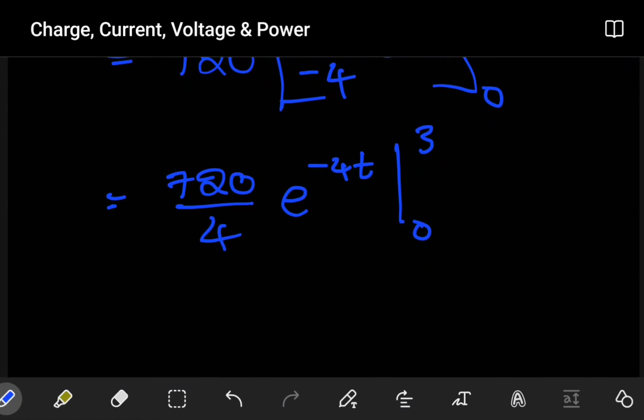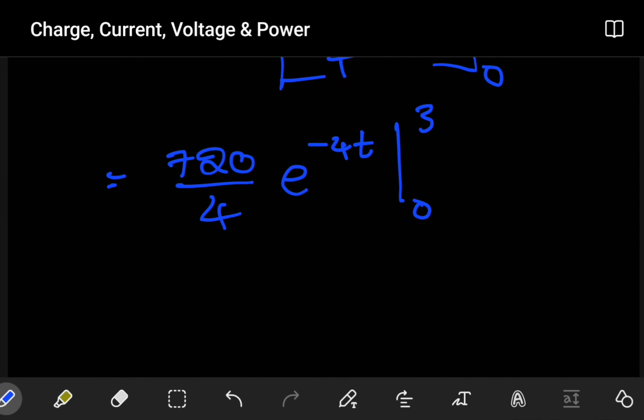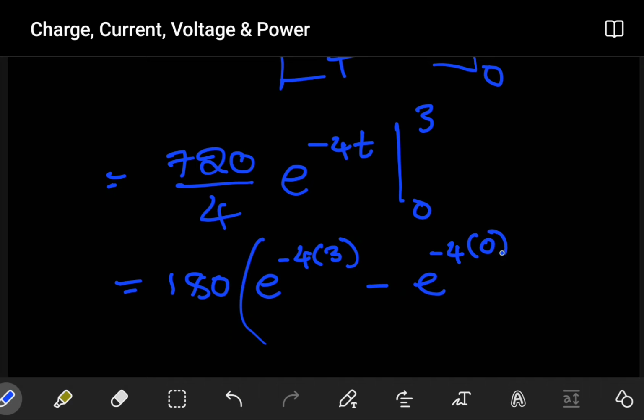Okay, from here, of course, we can simplify this. 720 divided by 4, that is 180. And then we now make the substitution. When t is equal to 3, we're going to have e to the power minus 4 multiplying 3. And when t is equal to 0, this is now minus e to the power minus 4 multiplying 0.